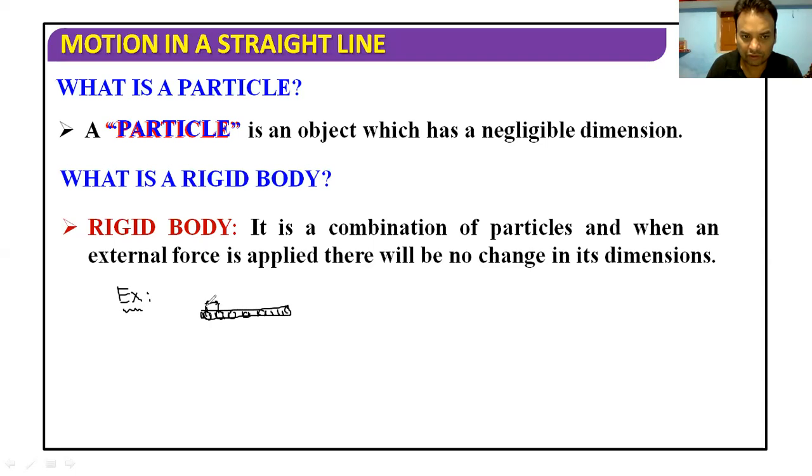Suppose the distance between two atoms is x micrometer, where 1 micrometer is equal to 10 to the power minus 6 meter.